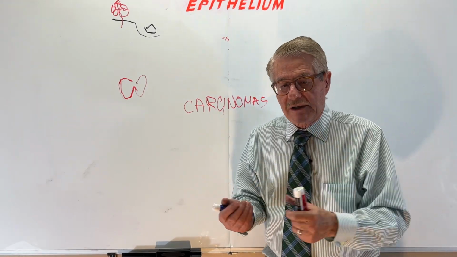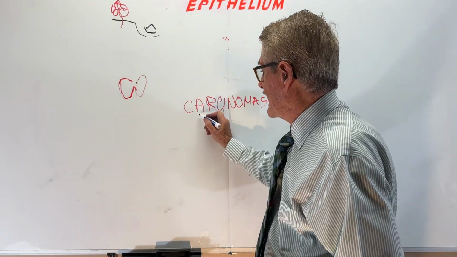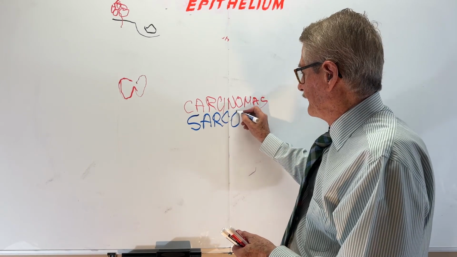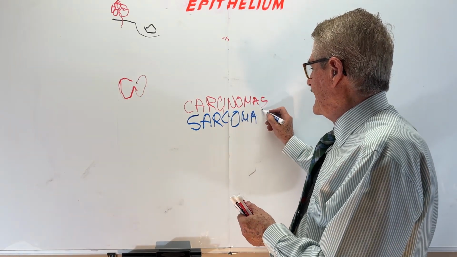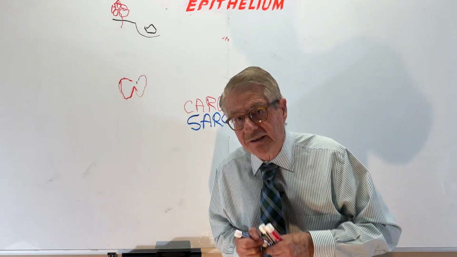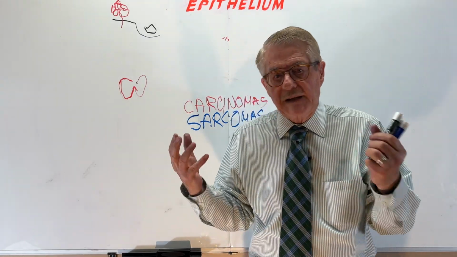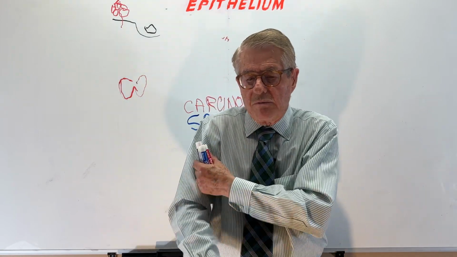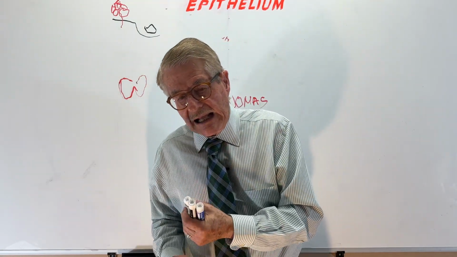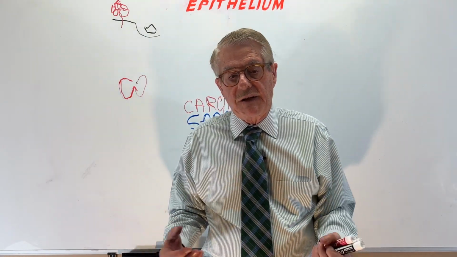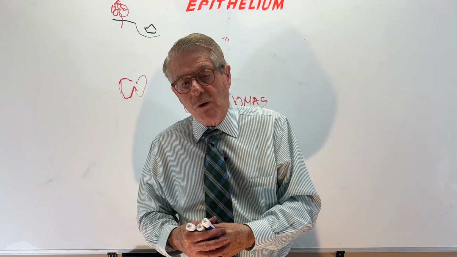They are not called carcinomas, but are called sarcomas. These sarcomas are not originated from an epithelial structure. They are coming from muscle, adipose tissue, skeletal muscle, fibrous tissue, etc. And those are sarcomas.